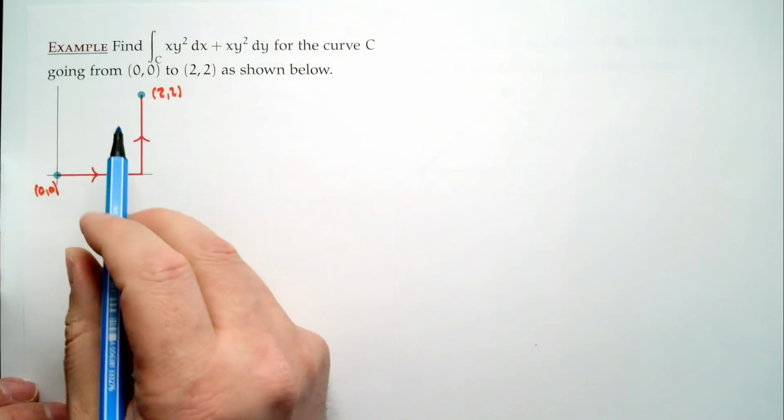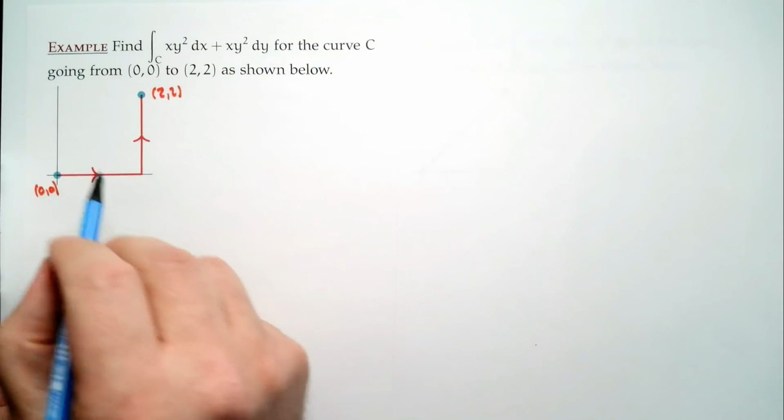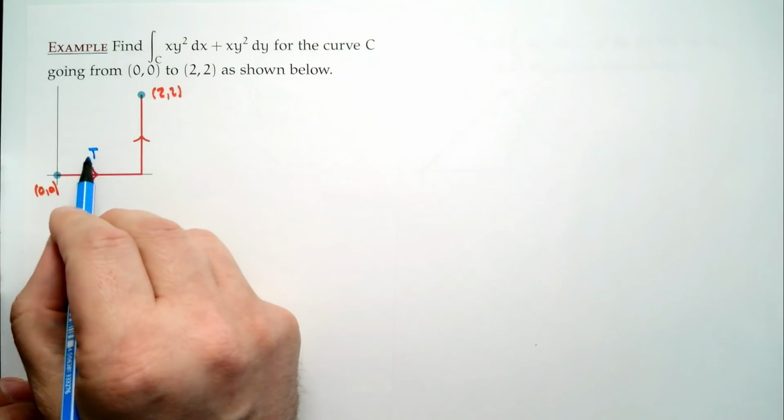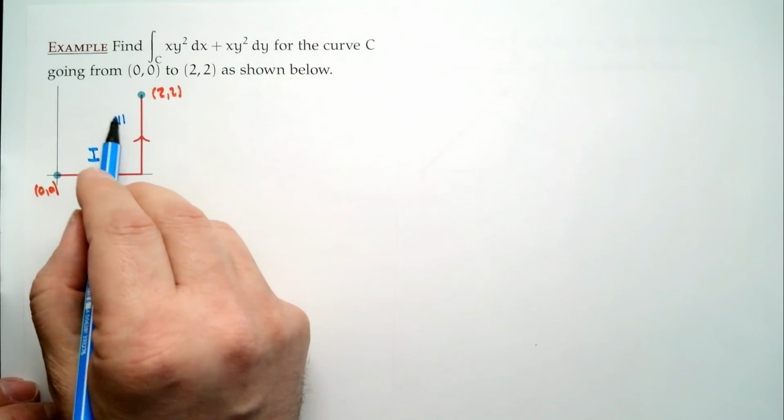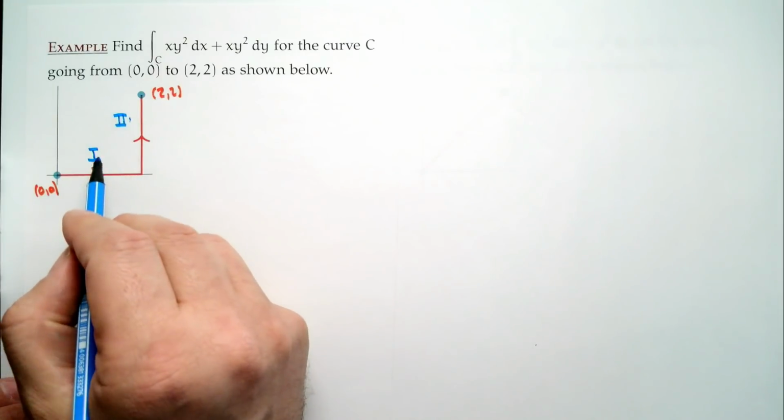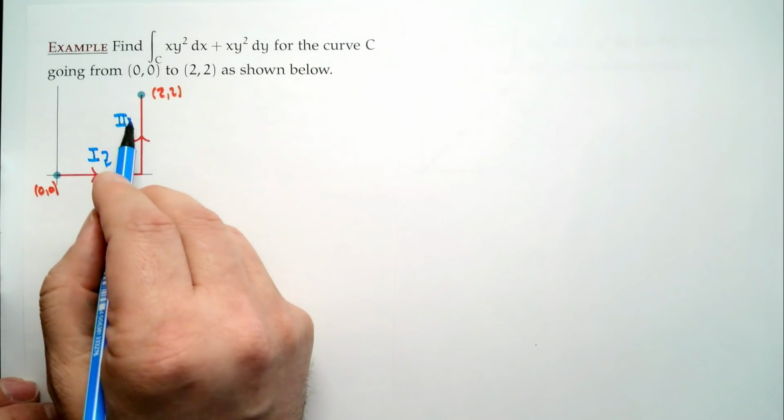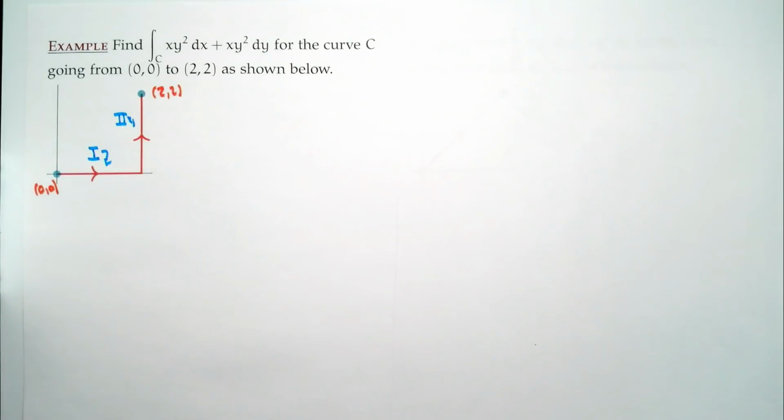Well, we need a parameterization. Now, one thing you can do is you can say, let's split this into two parts, say a part 1 and a part 2. So part 1 is just going to be directly moving across horizontally.